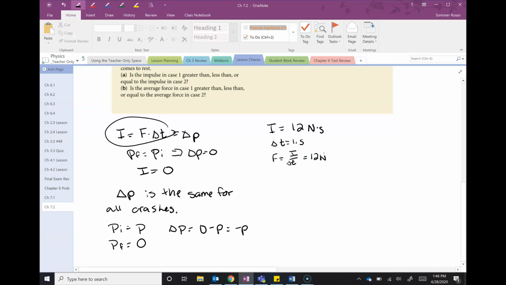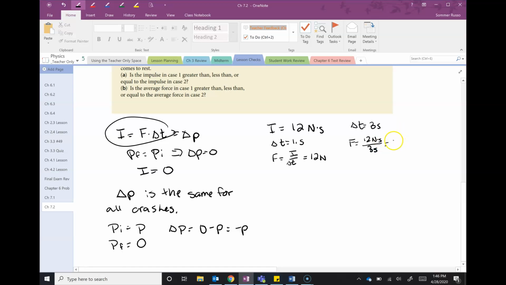That's a lot. Now let's say we get something squishier, something that makes the time to come to a stop much larger. Same impulse, but now our time interval is 3 seconds. So now the force is equal to 12 Newton seconds divided by 3 seconds.